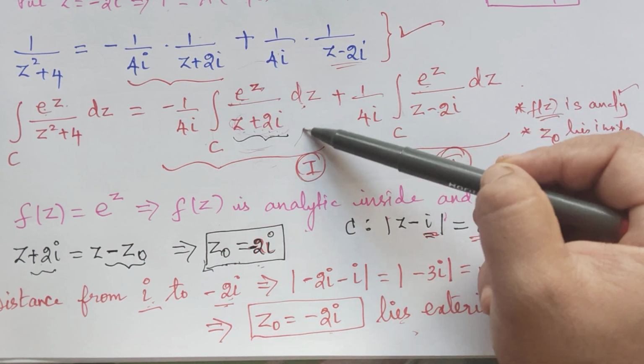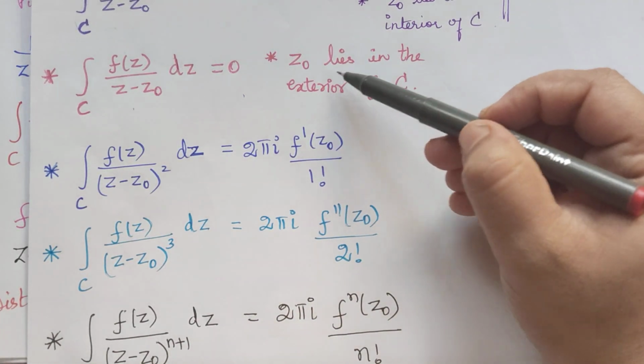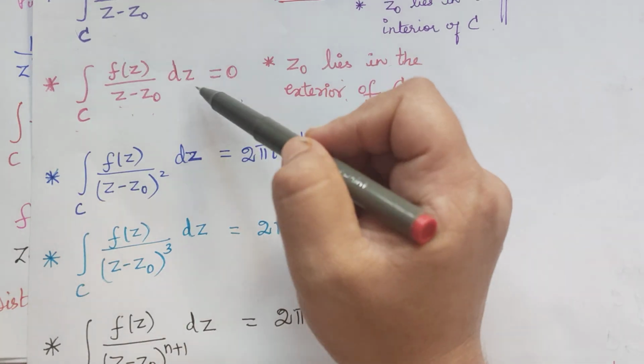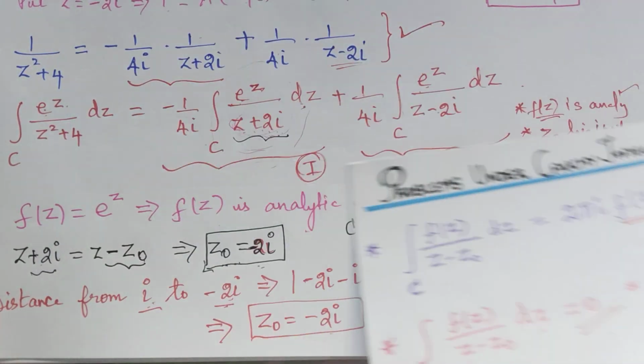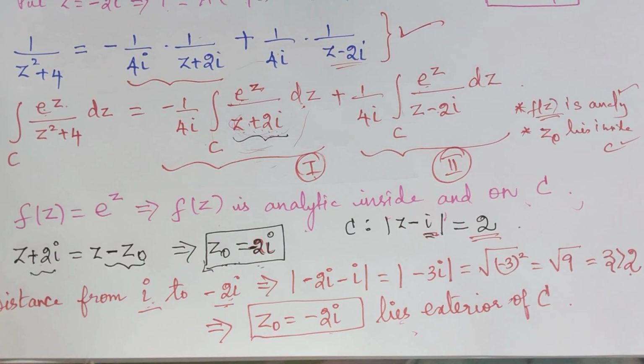Therefore, the first integral will be 0. And already I have told you, if z naught lies in the exterior of C, integral over C f of z by z minus z naught dz will be equal to 0. So using this, we have found that the first integral is equal to 0.